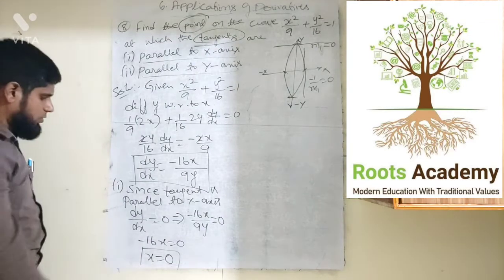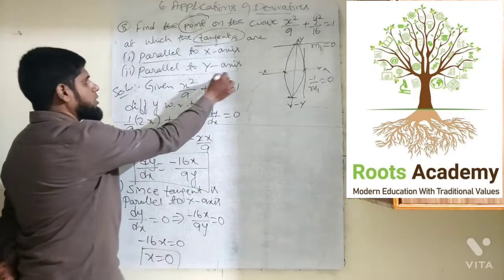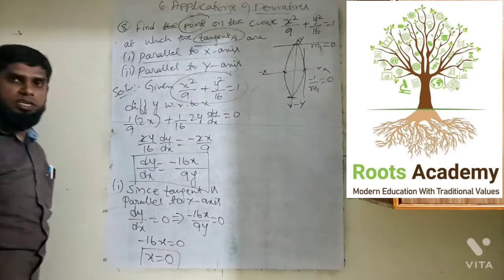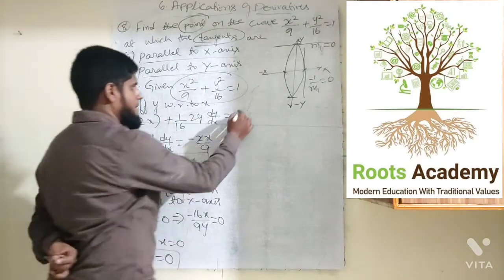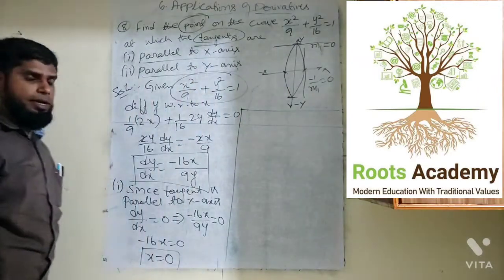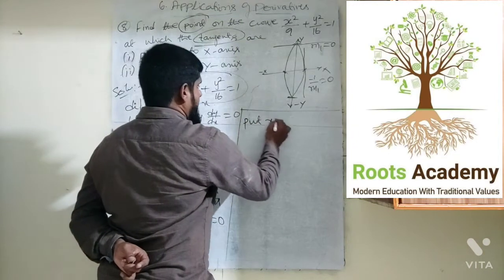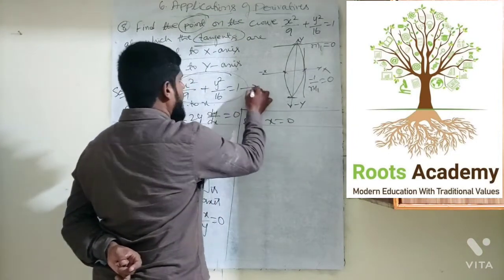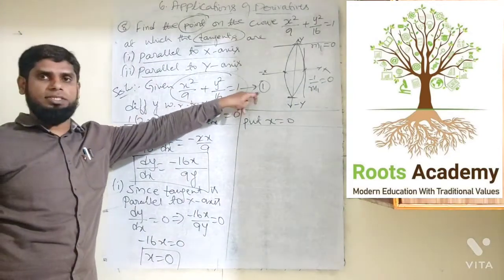If I substitute this x is equal to 0 in this curve, definitely I will get the y coordinates. So I write it here. This is our given curve, so I will call this equation 1.